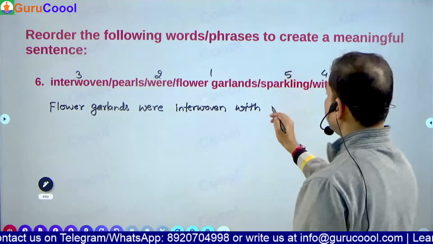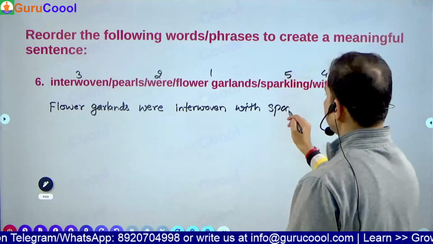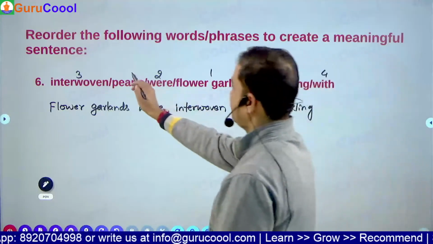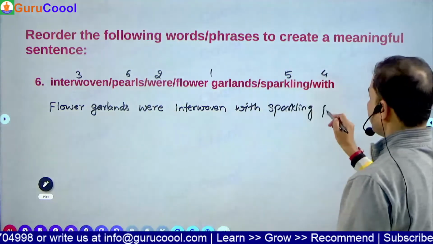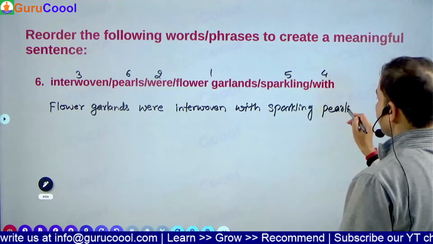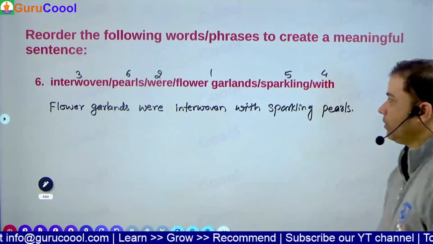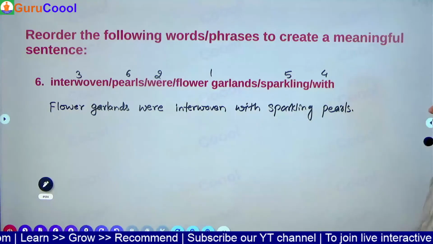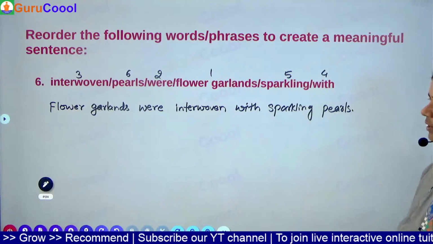Okay. Read it, check the structure, meaning, and then cross check with your own answer.